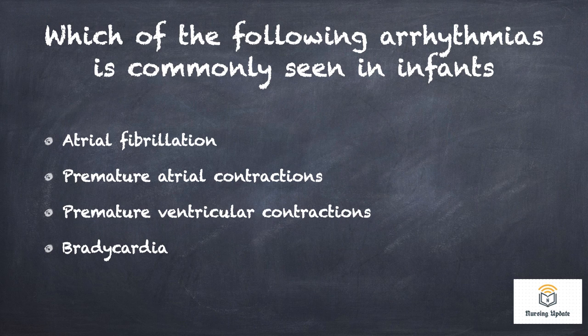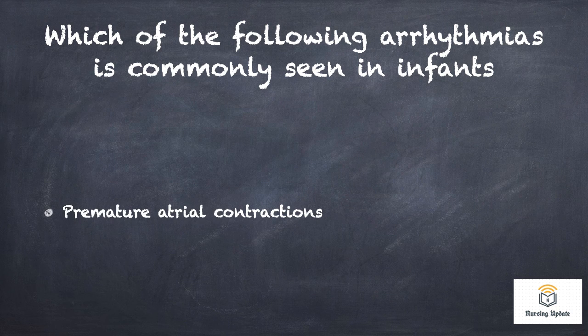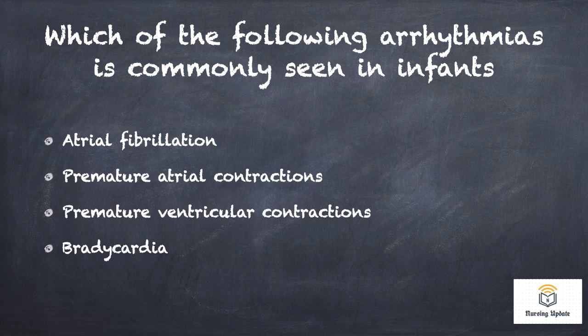Atrial fibrillation won't be seen in children especially. Premature atrial contraction, premature ventricular contraction, and bradycardia are also seen in children, but the arrhythmia most commonly seen in infancy is premature atrial contraction.